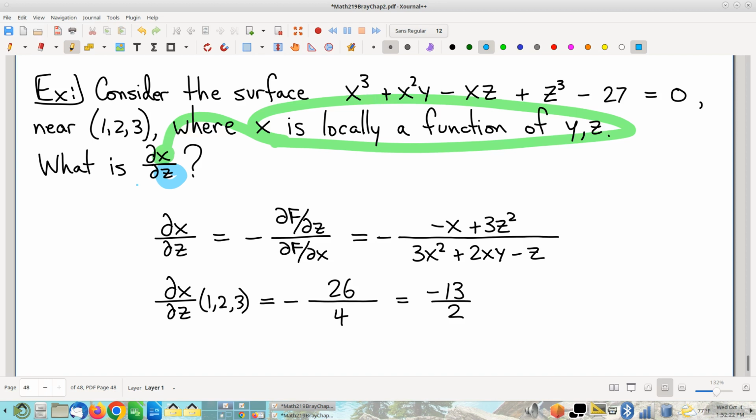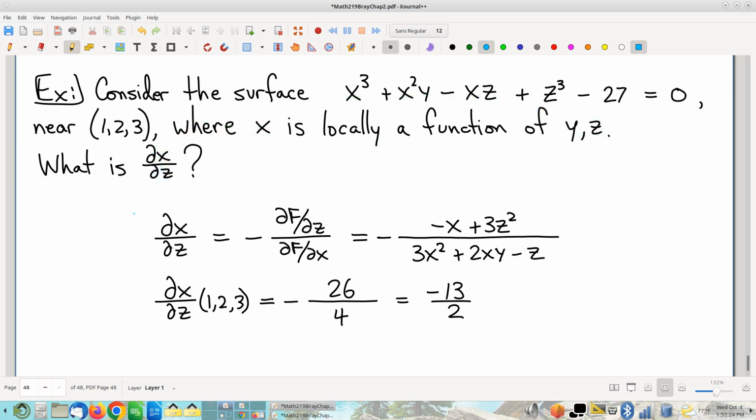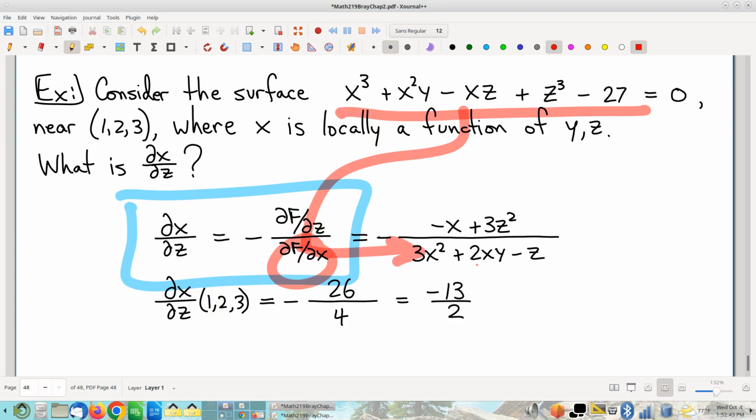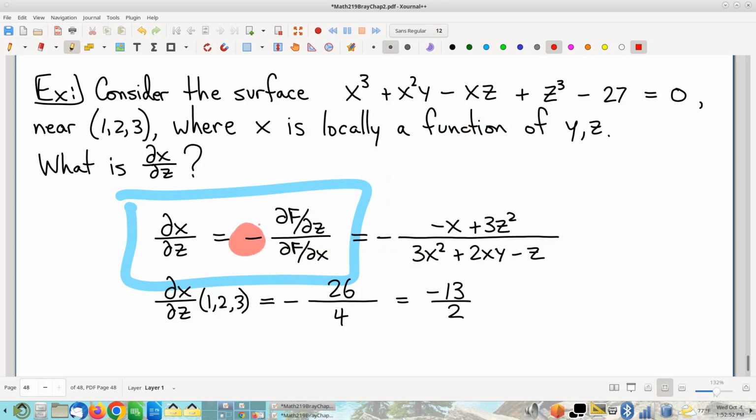Okay. So the formula on the previous page tells us this. These partials are easy to compute, right? The z partial of this thing, no problem. Then I have to take the x partial of this thing, no problem. A couple of partial derivatives. The big point, make extra sure you don't forget the minus sign.